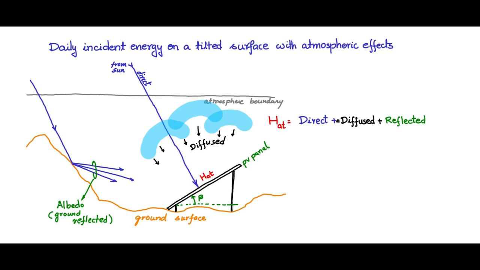So all these three effects put together is what will be the HAT, or the energy available at the tilted flat plate collector as positioned like this.